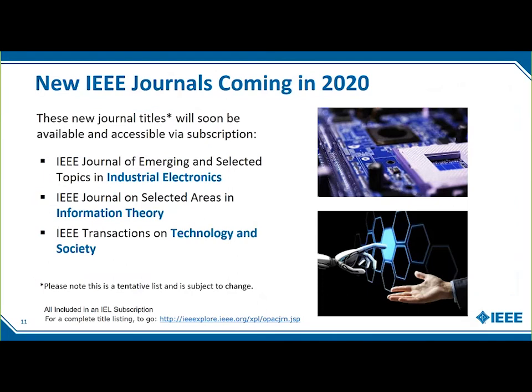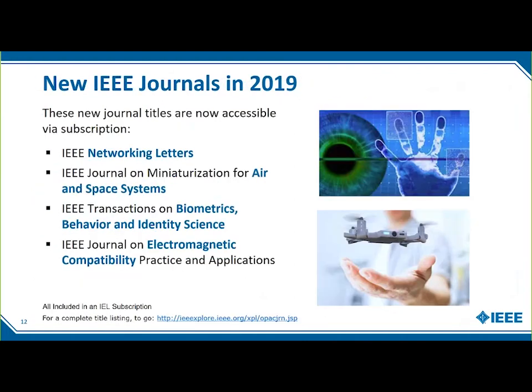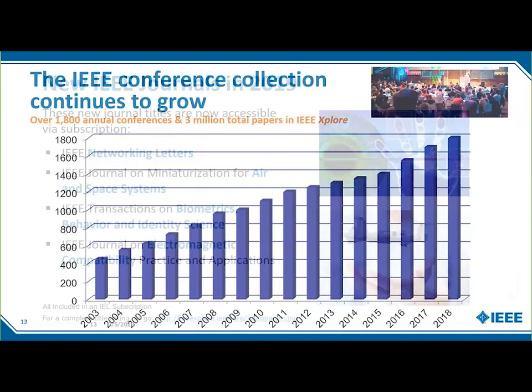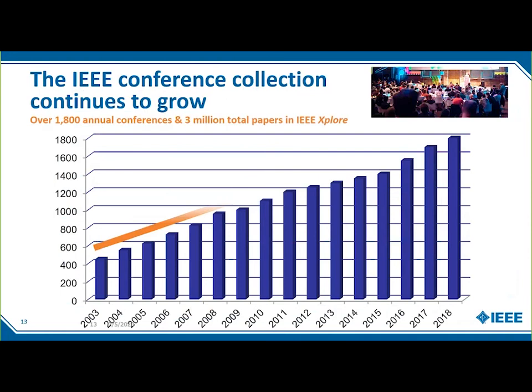These will begin publishing sometime this year and will be available in the IEEE Xplore Digital Library. And in 2019, we launched 4 new subscription titles that you can see here on the screen.